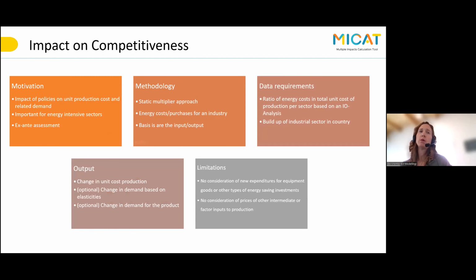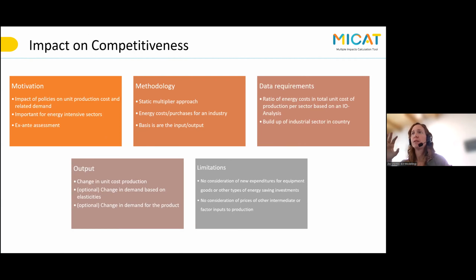Now, with regards to competitiveness, we again focus on this static approach. But the idea here is to understand the impact of the measures on the production cost of a firm. And what we do here is that we use, again, the input-output analysis to understand what is the ratio of the energy cost in the total production cost of a good.